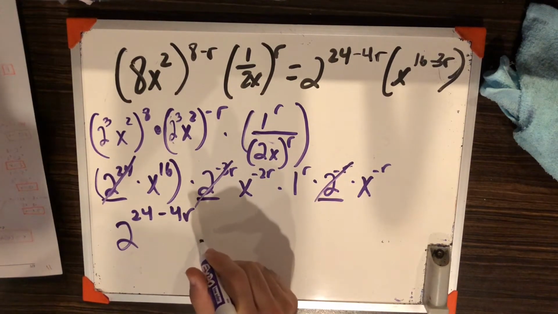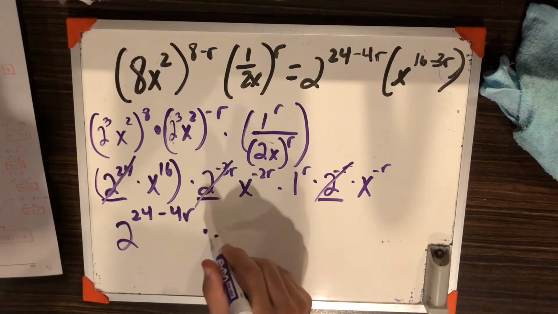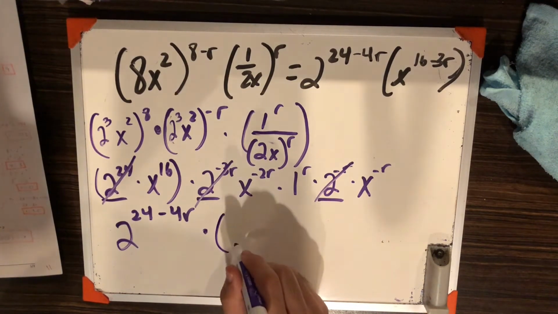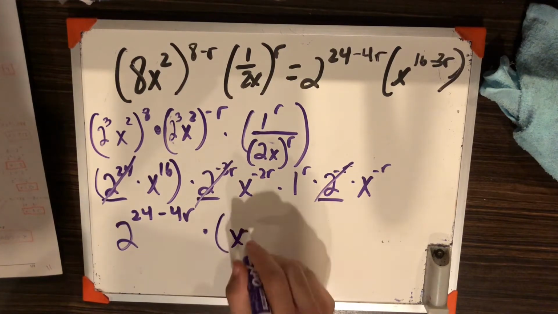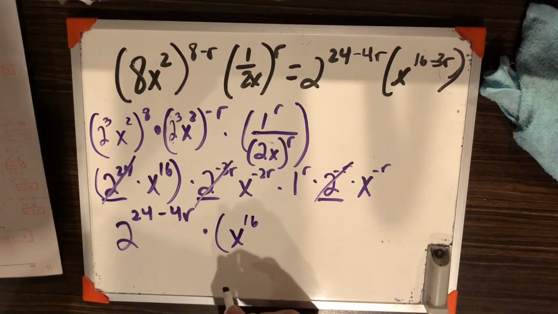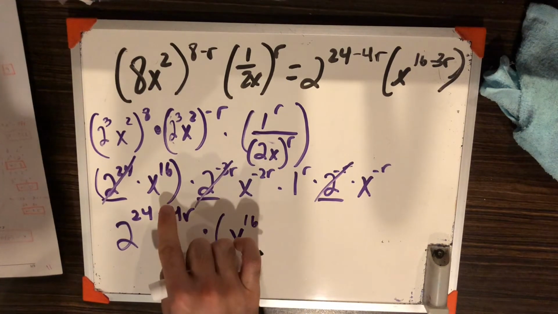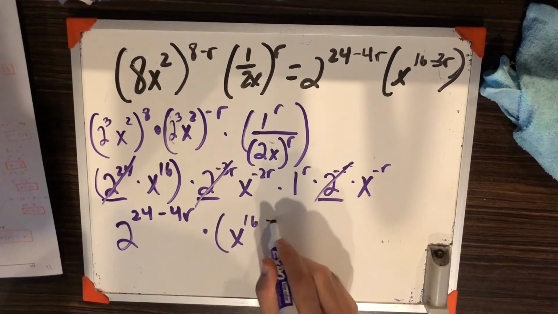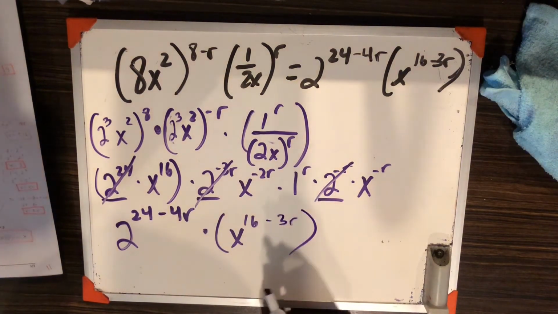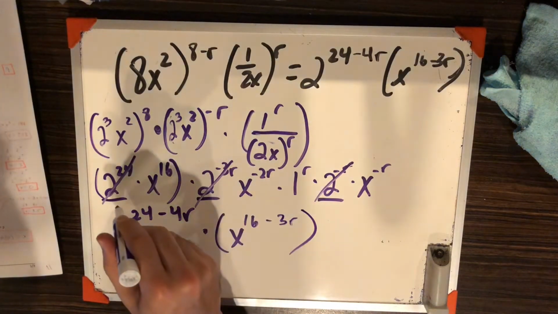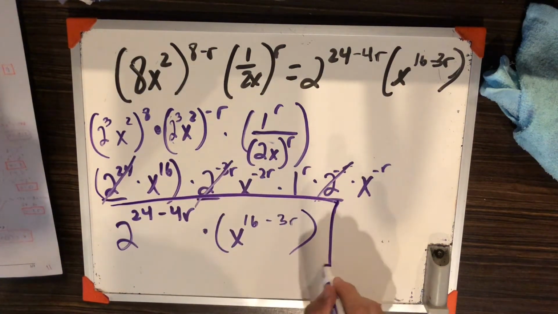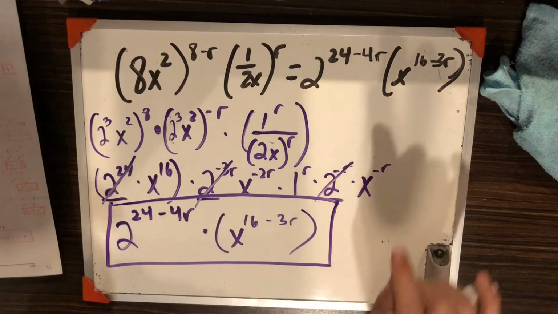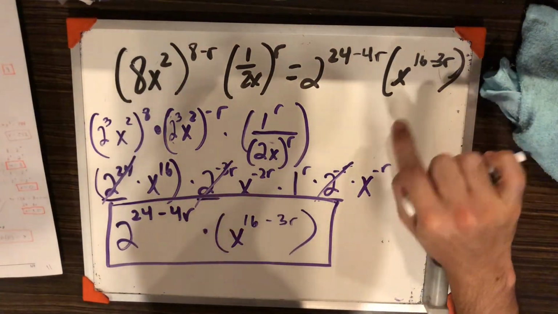What we can do here is multiply by x to the 16 and then minus 3r. Okay, so that way we've basically proved our left side is equal to our right side in this case.